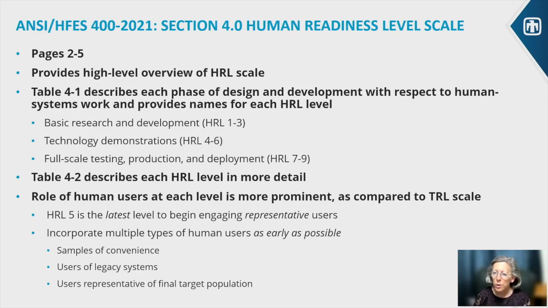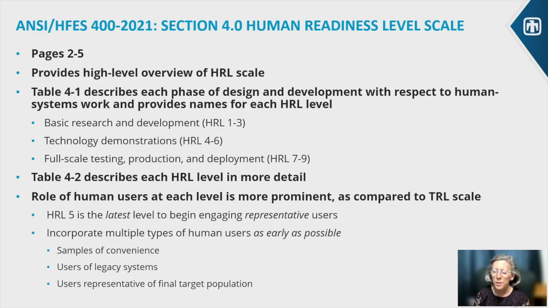And as I described earlier, it goes through those three basic phases of the design and development life cycle, starting with basic research and development, moving on to the technology demonstrations, and then finally your production and deployment. That's followed by Table 4-1, which then describes each HRL level in more detail.